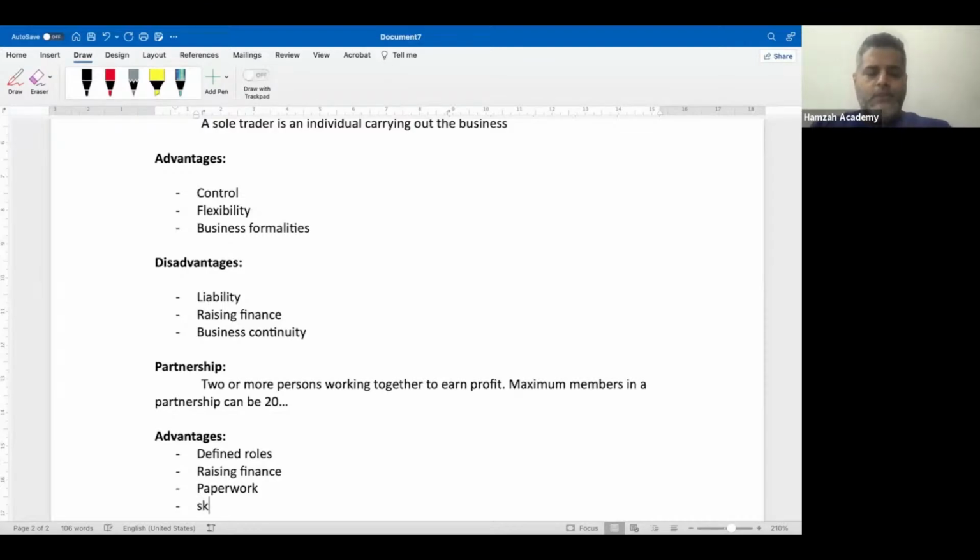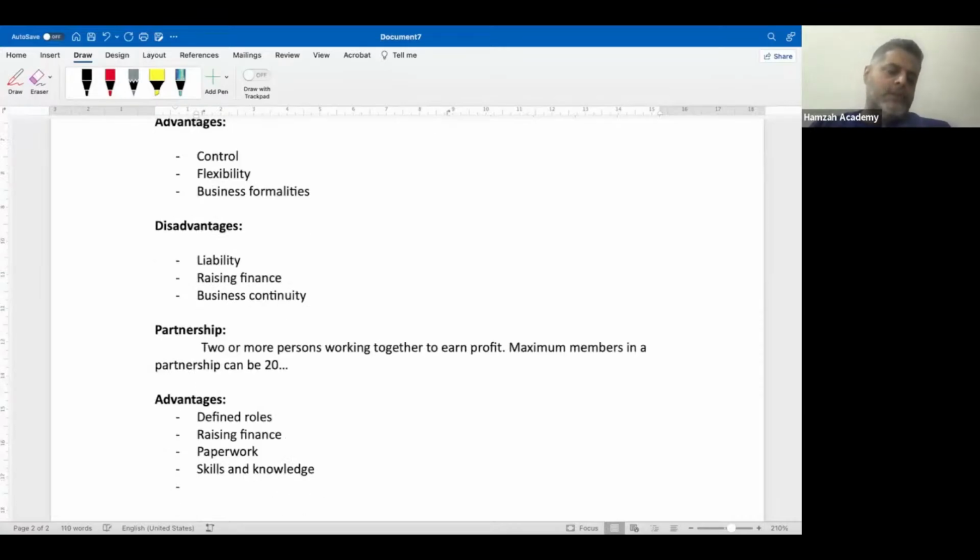Similarly, you are going to have the skills and knowledge over here as well, because this is going to be a synergy effect. 1 plus 1 is going to be 11 over here, because if you're working alone, you are alone, but if you're working with a partner, you are in a bigger and better position to have a pool of knowledge, skills and expertise as well, right?